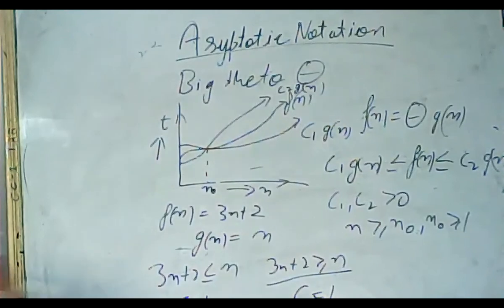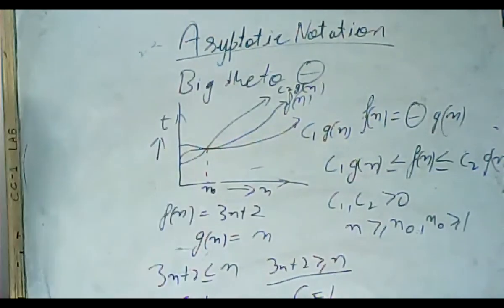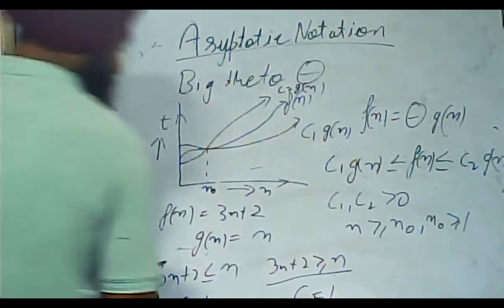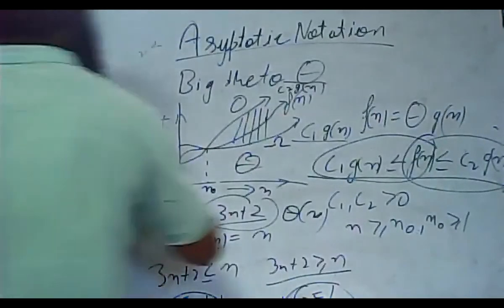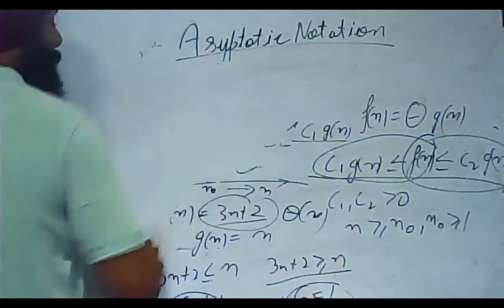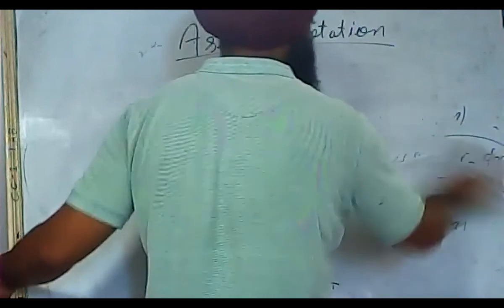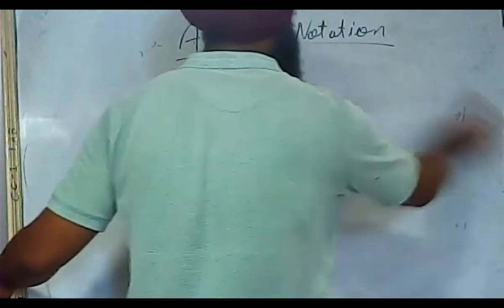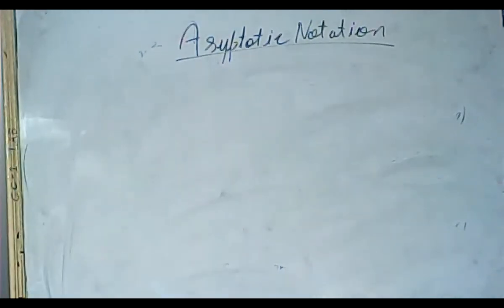What do these asymptotic notations mean? Let me explain it to you again. As I've already told you, these three cases, big O, big omega, and big theta, are nothing but the worst case, the best case, and the average case.